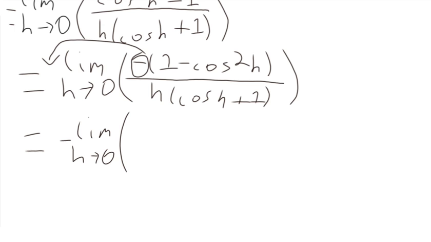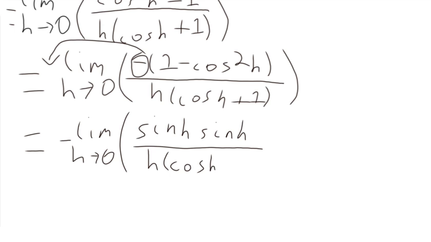Well, the Pythagorean identity tells me that sine squared h plus cosine squared h is equal to 1. So you just subtract cosine squared h from both sides, you'll get 1 minus cosine squared h is equal to sine squared h. And I'm going to write that as sine of h times sine of h. And then this is still over h times cosine of h plus 1. Now, let's break this up. I'm going to think of this as sine h over h times sine h over cosine h plus 1.